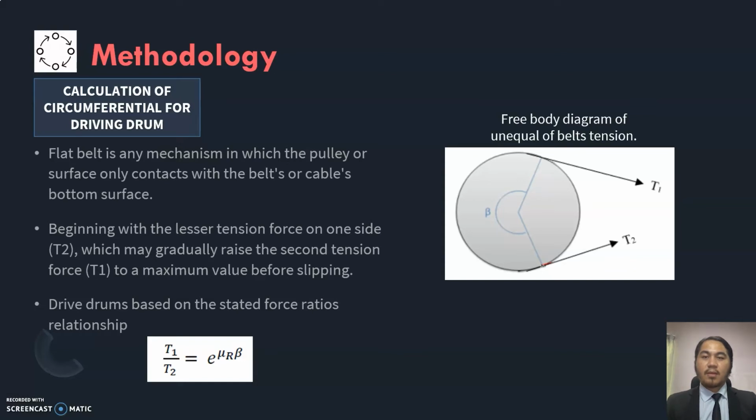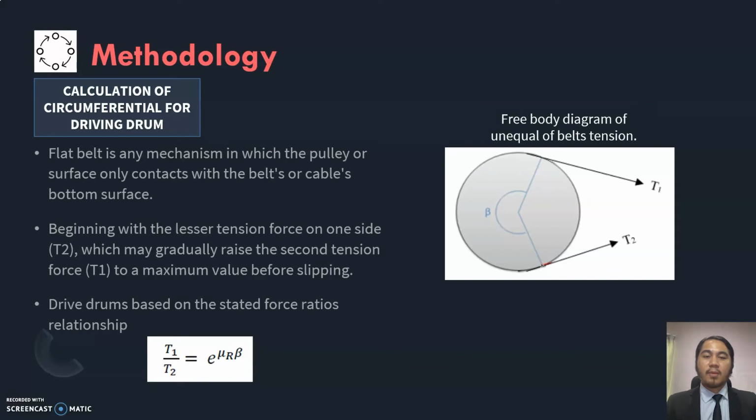A flat belt is any mechanism in which the pulley or surface only contacts the belt's or cable's bottom surface. Beginning with the lesser tension force on one side, T2, it may gradually raise the second tension force, T1, to a maximum value before slipping. The figure shows the free body diagram of the unequal belt tension.